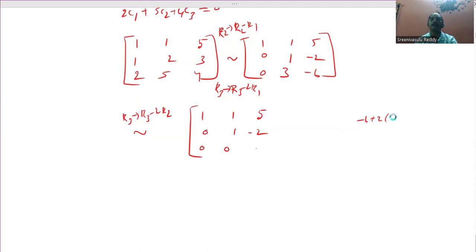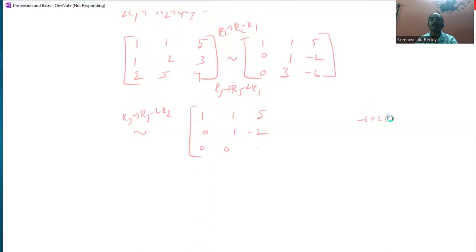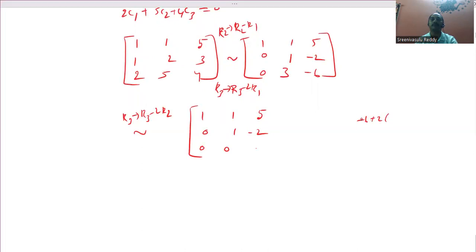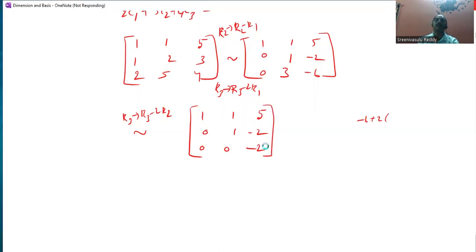R2 row value is 2, minus 2. Minus 2 minus 2 plus 4 plus 4 minus 2 plus minus 2. So overall this value is minus 2. Now clearly it is an echelon form.